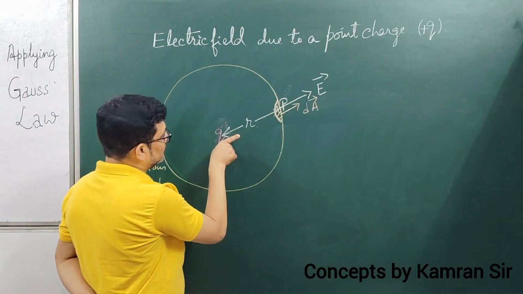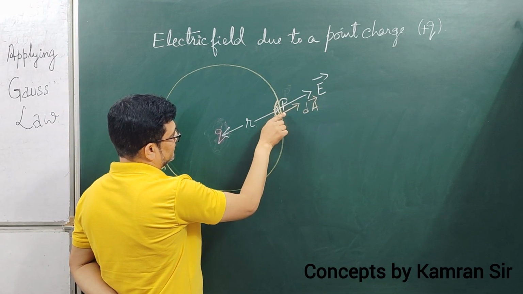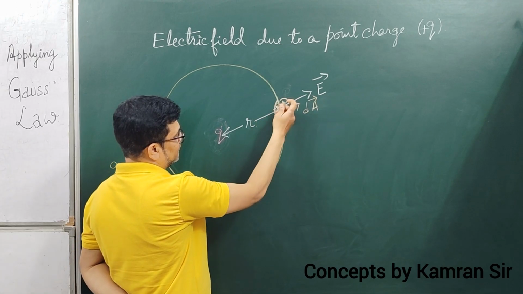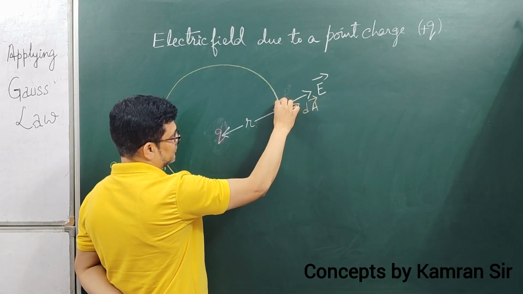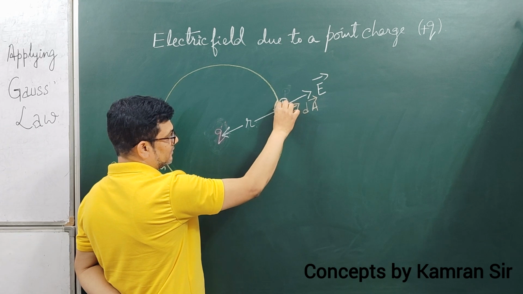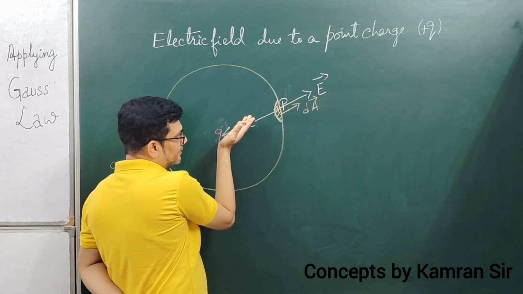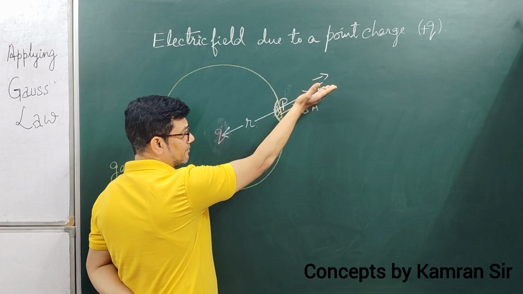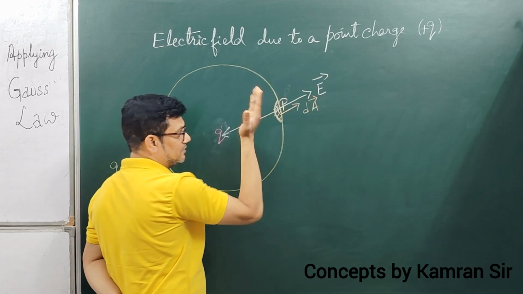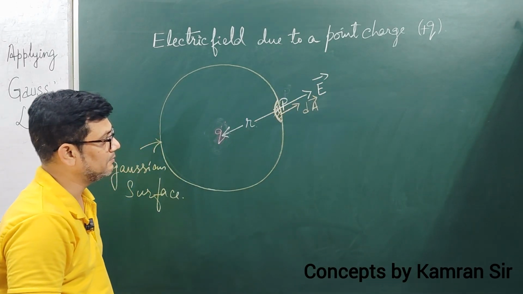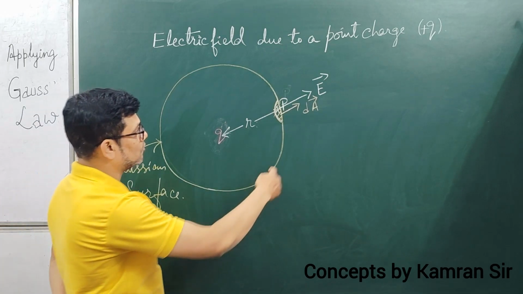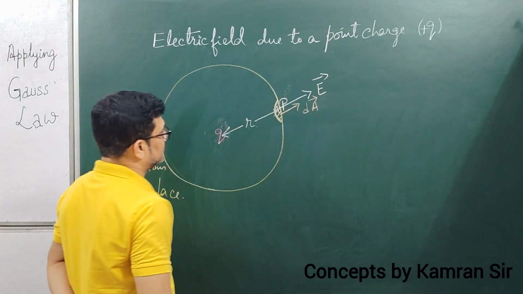Why? Because if you take that infinitesimally small square on that surface, the area vector is going to be radially outward. Radially outward is also the electric field, and also dA. So the angle between these two quantities is going to be 0.